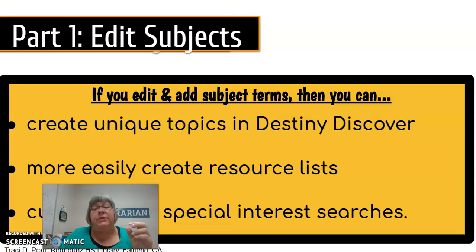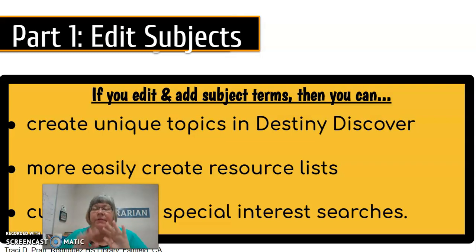And I am linking a tutorial in the description below that has both this slideshow as well as a link to my discussion on how to customize the ribbons in Destiny Discover, which is not hard to do. And it is really cool. I really enjoy playing with it. You can also create resource lists, and of course, in general, you're able to create special interest searches and make them easy.